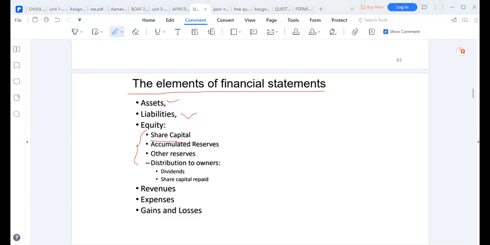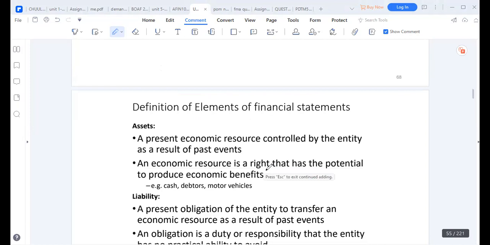Okay. So we now proceed to explaining the definitions. Assets represent an economic resource which is controlled as a result of past events.